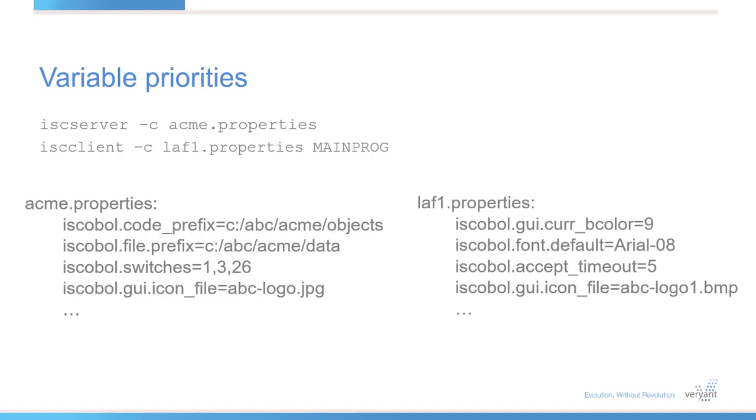But when the client is started, it adds another properties file called LAF1, and it overwrites certain default values like the font default, but it also overrides the icon file that is used on the Windows. So it will be abc-logo1.bitmap. So when main prog starts, the Windows will have abc-logo1.bitmap, and their default font will be 8-point Arial.